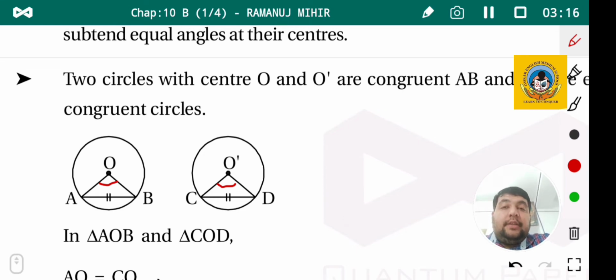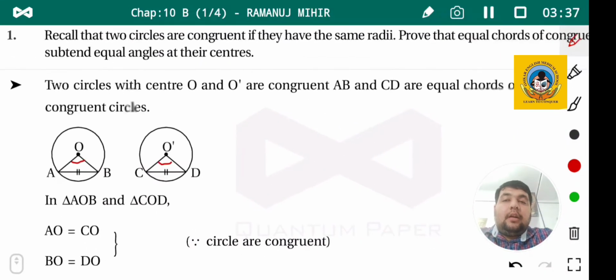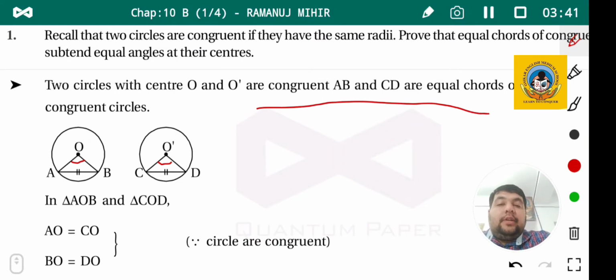We have drawn two circles with centers O and O dash, and it is already given in the question that these circles are congruent. AB and CD are equal chords of the congruent circles. So AB and CD are equal in length.